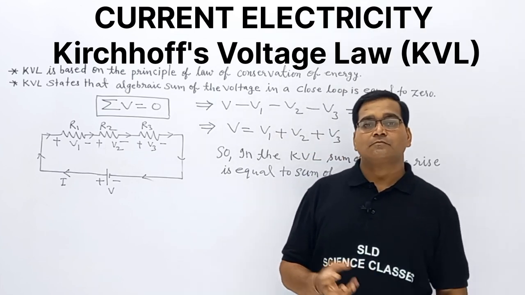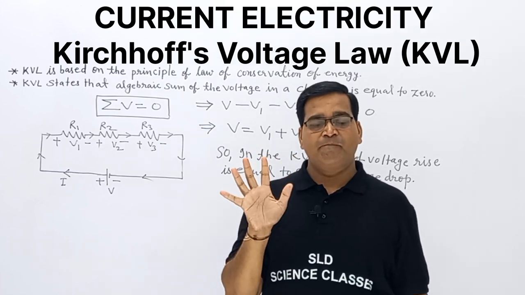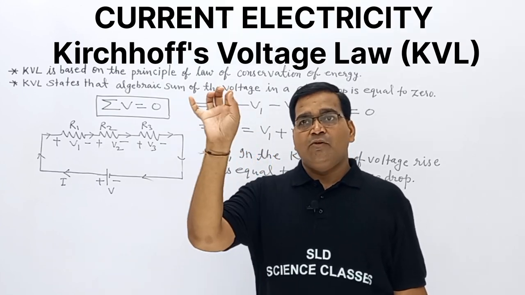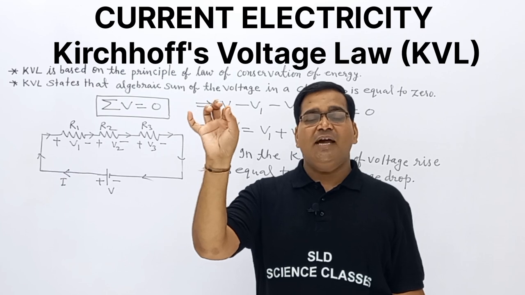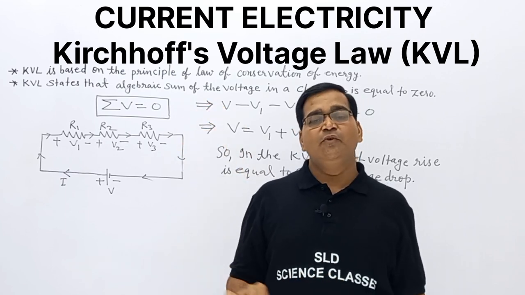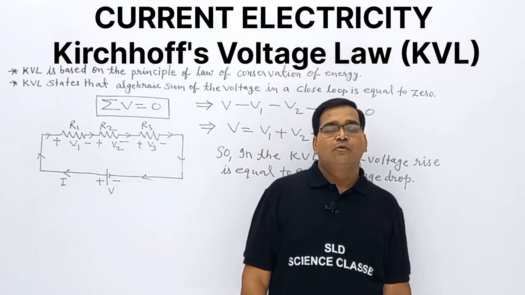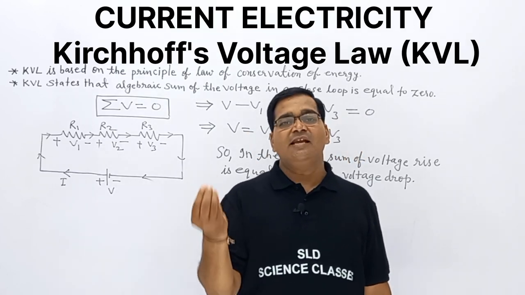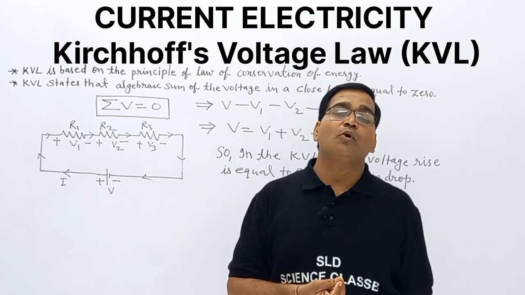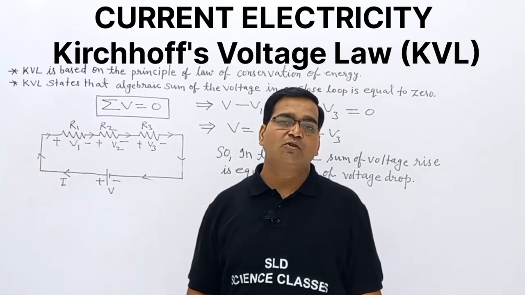At a node in the circuit, we apply KCL. KCL is based on the principle of conservation of charge, because current is the flow of charges.